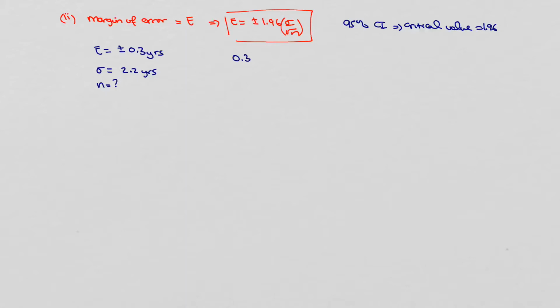So I'm just literally saying 0.3 is equal to our 1.96 times sigma, which is 2.2. And that's all over the square root of n. So if I rearrange that, I get the square root of n is equal to 1.96 times 2.2 divided by 0.3.